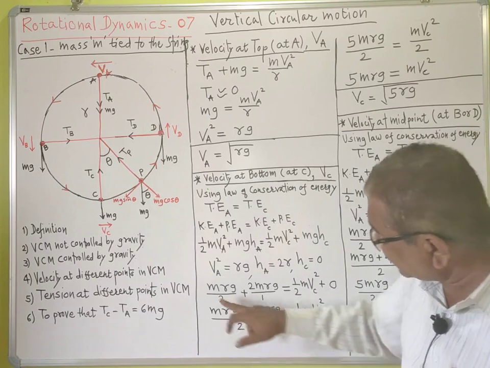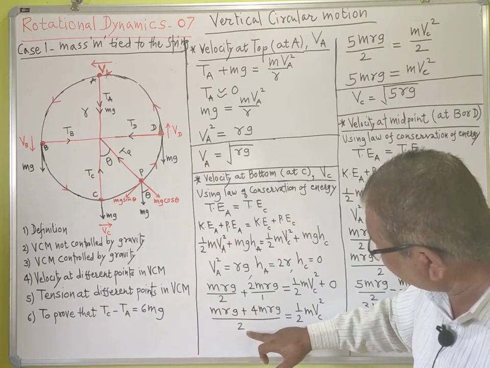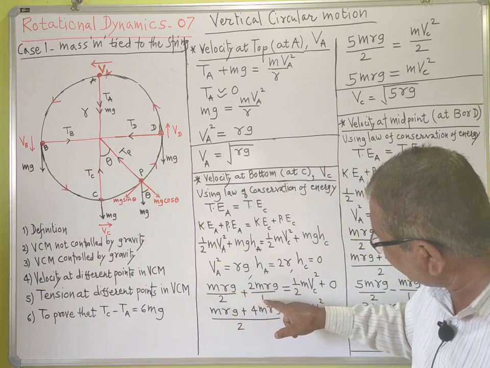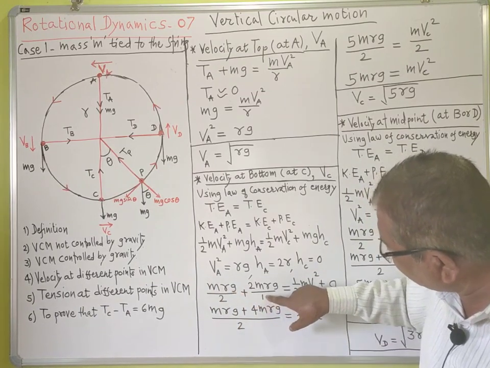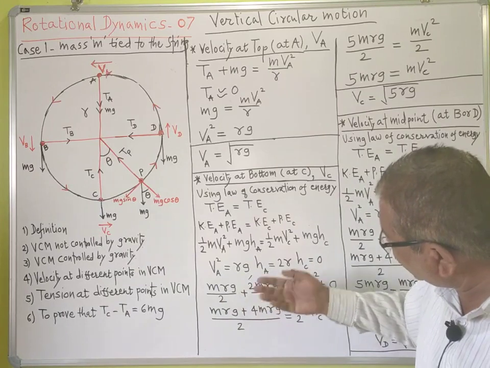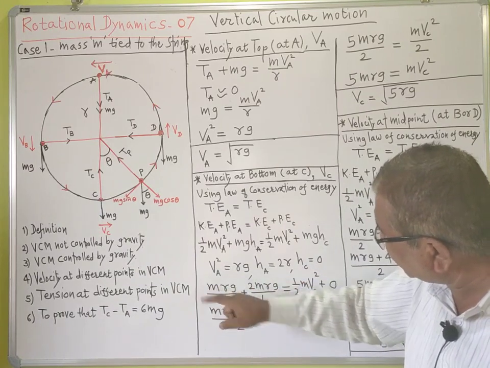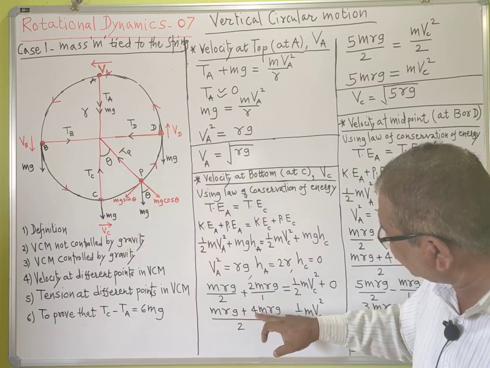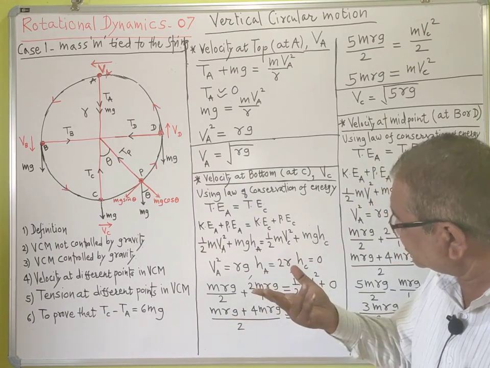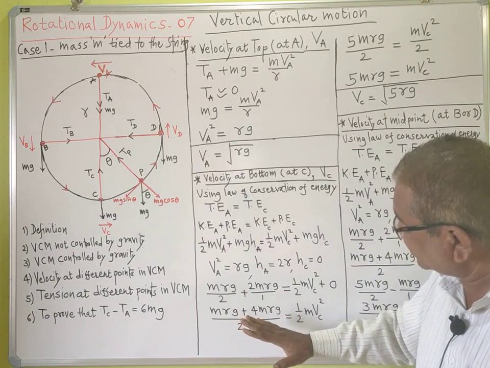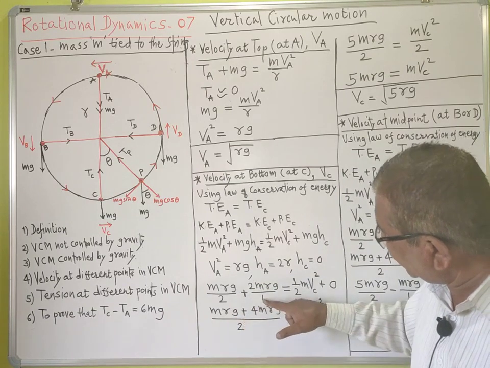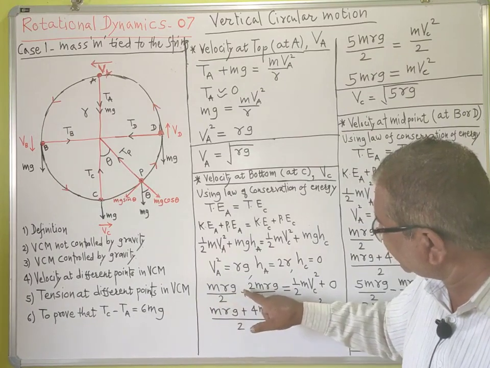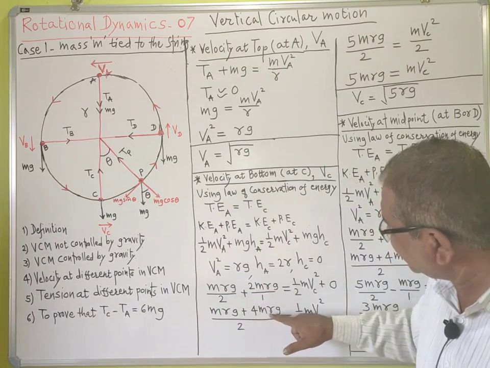Then take LCM 2 here. Multiplied by 1, we get mRG. 2 multiplied by 2mRG, we get 4mRG.